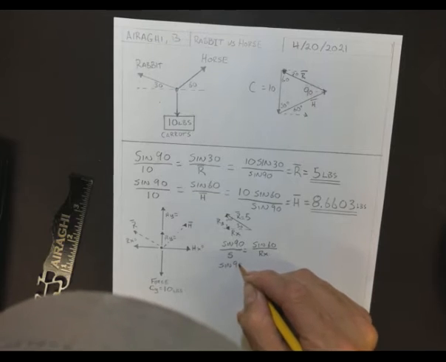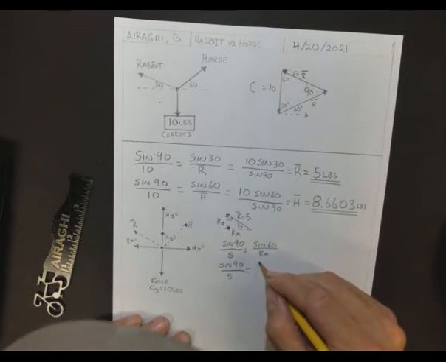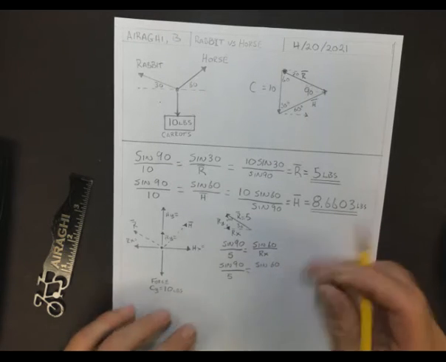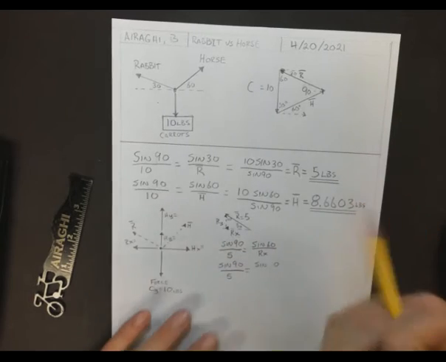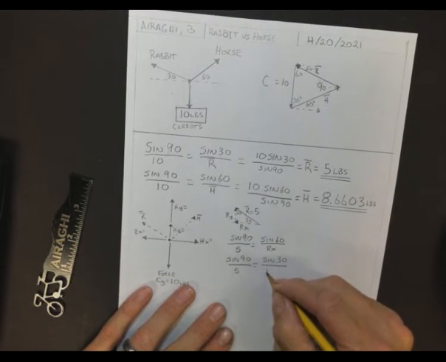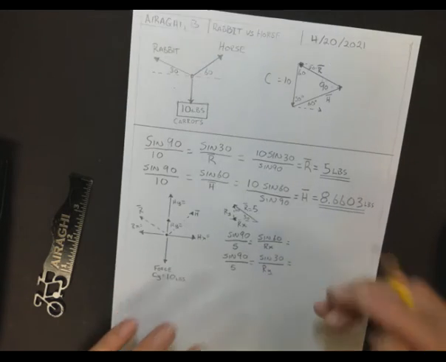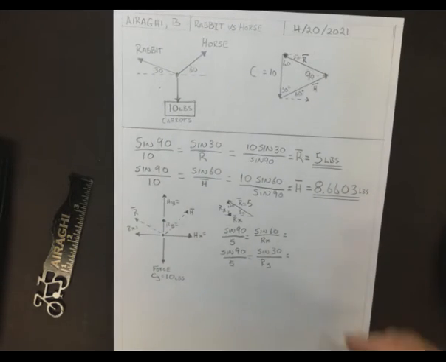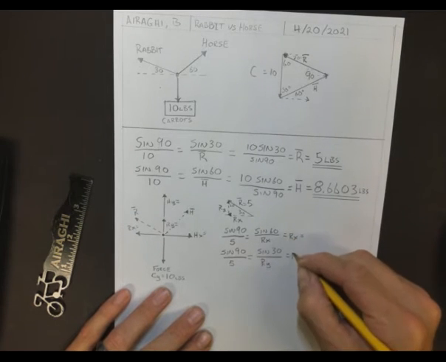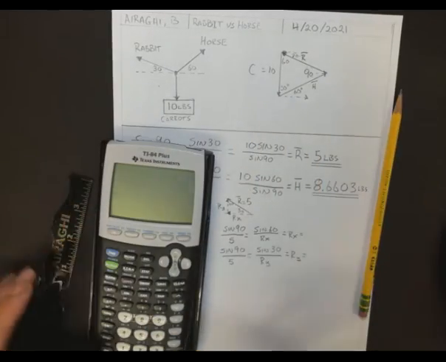Sine 90 over 5 equals sine 30 over Ry. Okay, so we'll say Rx equals, Ry equals, and then we'll do our math here.